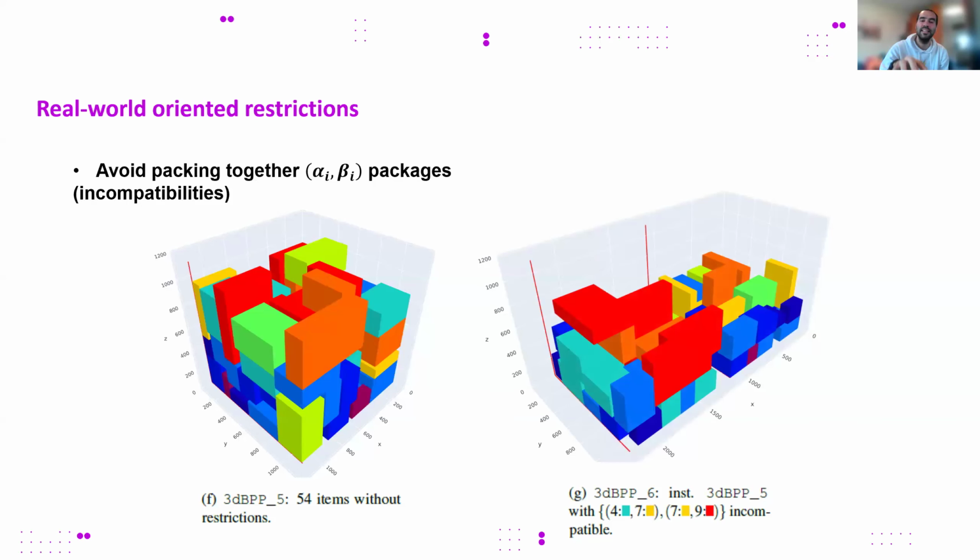I want these blue and yellow packages not to be stored in the same bin. Also for the yellow and the red packages. As we can see here in the right part of the slide, the solver has stored all the packages in 2 different bins, and it has respected these incompatibilities.